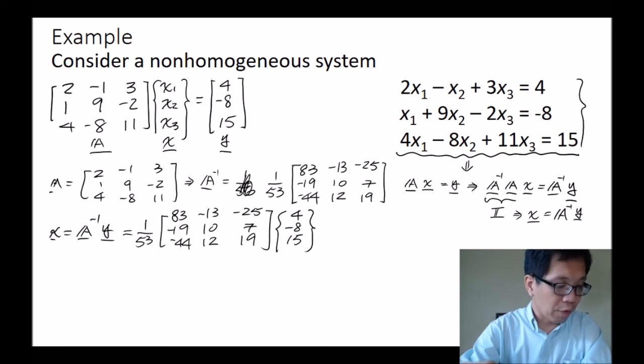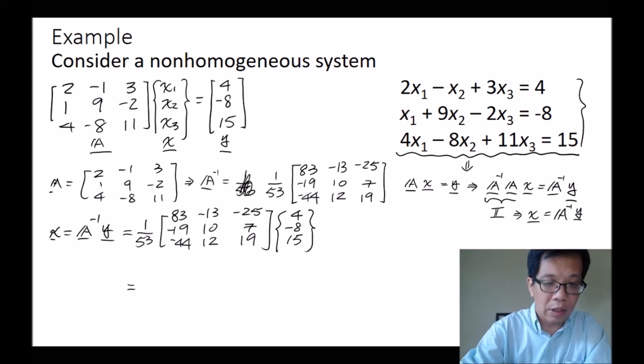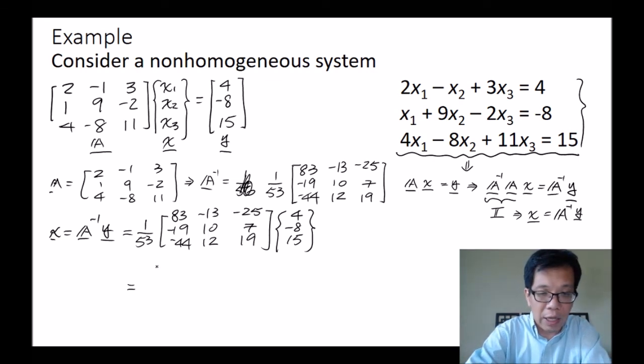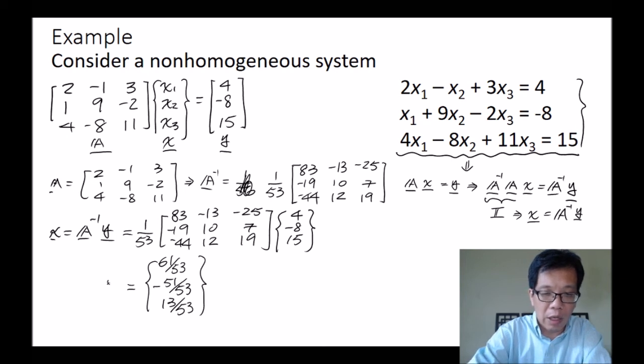Okay, so if we multiply everything all together, use regular multiplication techniques, we are going to find out the answer is actually 61/53, -51/53, 13/53, and voila, this is my answer.